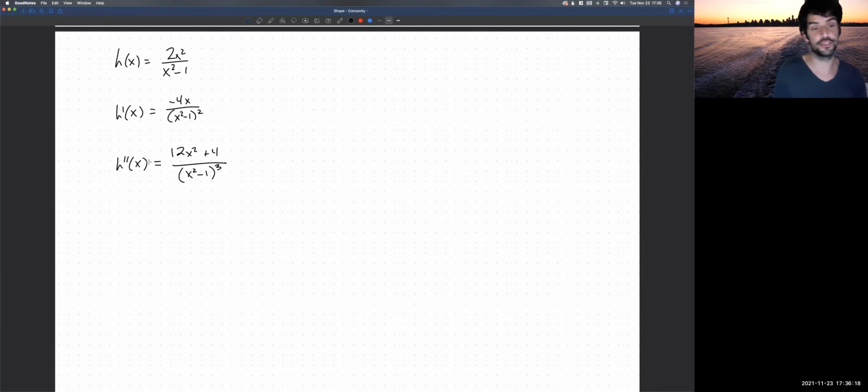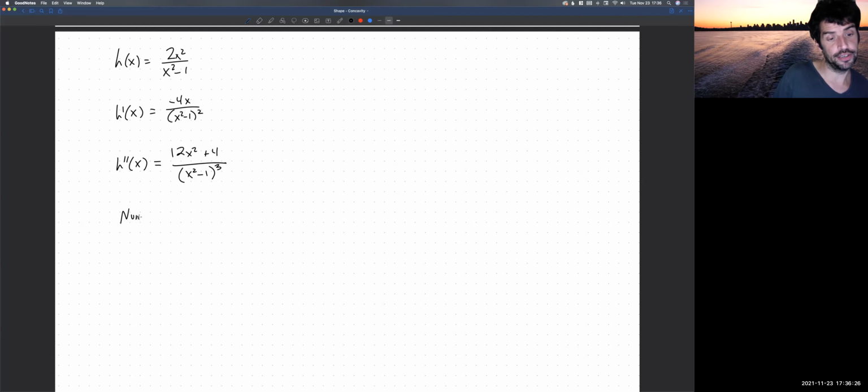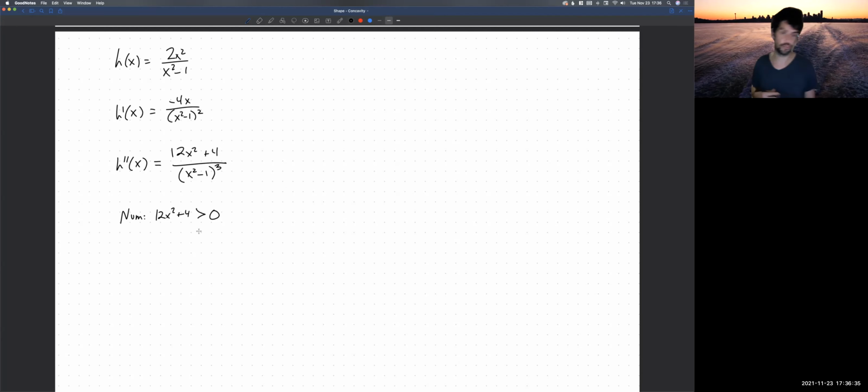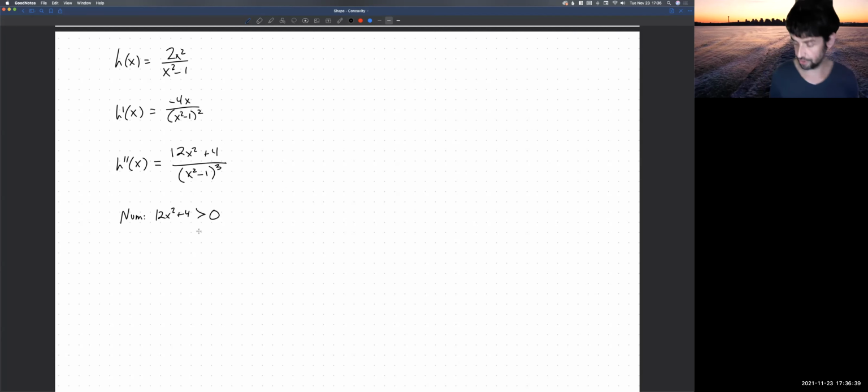Okay, let's think about concavity for this function. When we think about concavity, we're thinking about the second derivative. So we're focusing on the h double prime. The numerator, 12x squared plus 4, is always positive, right? The squared number is positive, times 12 is positive, plus 4 is positive.